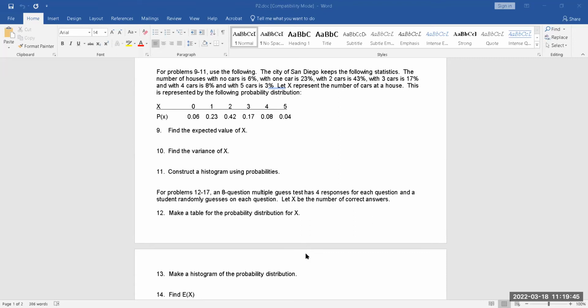In my histogram, it's extremely important that I make it readable. The highest probability you see on there is 0.42. So that's about how high my histogram should be. I don't want to make my histogram go from 0 to 1 and then have all my rectangles be really, really tiny. I want to do something like this.